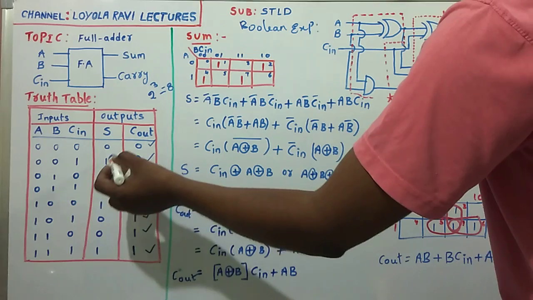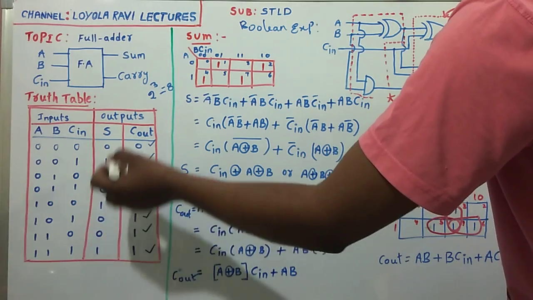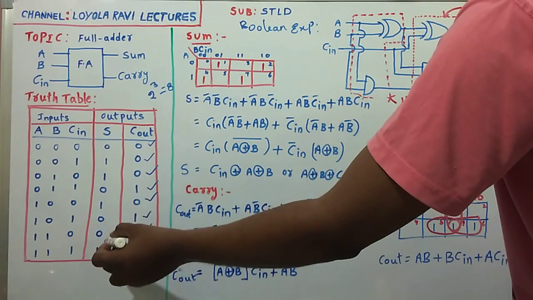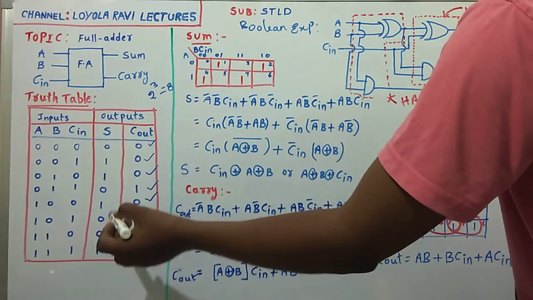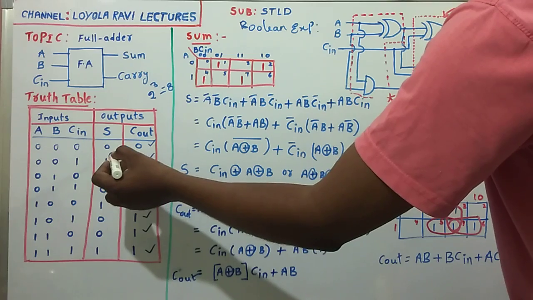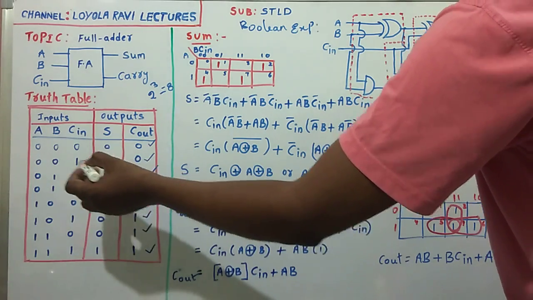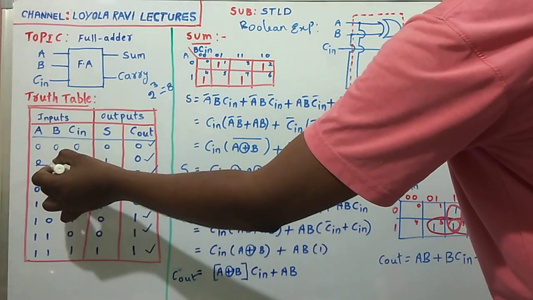For example, here 4 ones are there, nothing but 4 combinations we are getting. Sum is high at those outputs, so we write the corresponding inputs: 0, 0, 1.